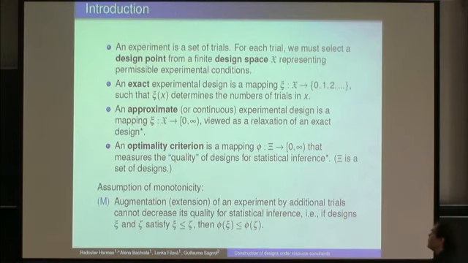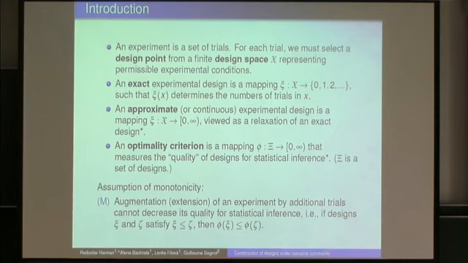Okay, so as usual, an experiment is a set of trials. By a trial, I mean some elementary act of obtaining an observation, either real valued or multiple valued. It doesn't matter. For each trial, we must select a design point from a finite design space X. Another point to note is that the design space here is just finite, okay?